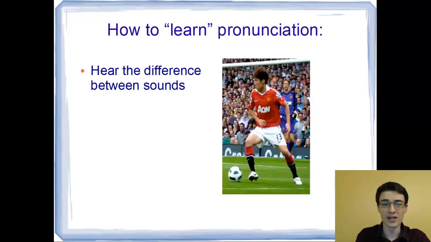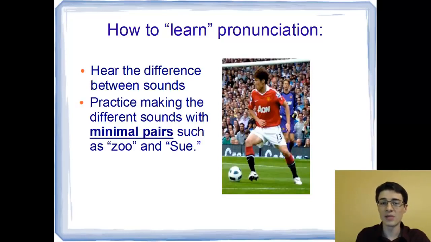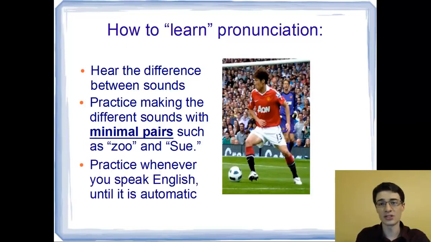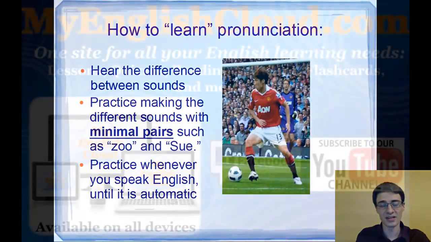We will do this by learning to hear the difference between sounds. And then we will practice making the different sounds with minimal pairs. Minimal pairs are words that are separated by only one sound, like the words sue and zoo. And then you can practice this whenever you speak English, and eventually it'll become so automatic it'll be just like riding a bike.